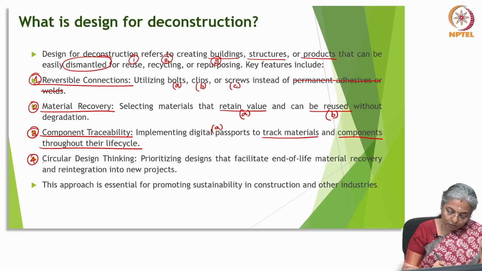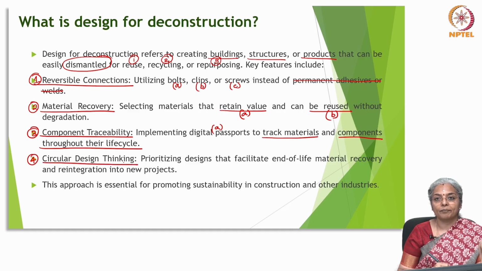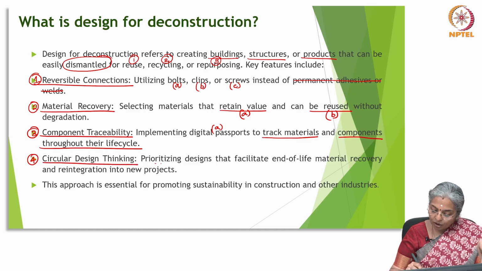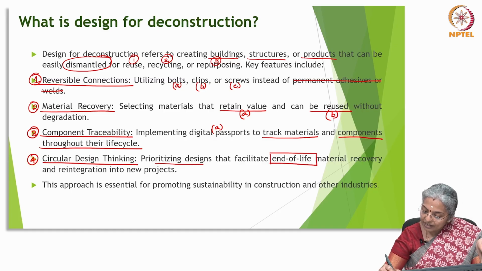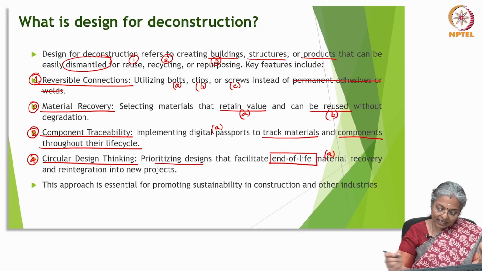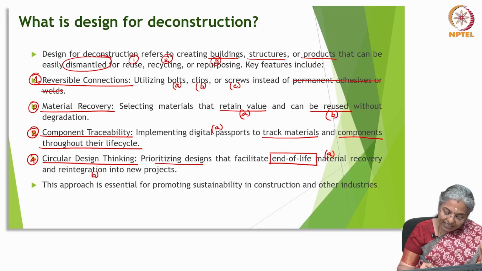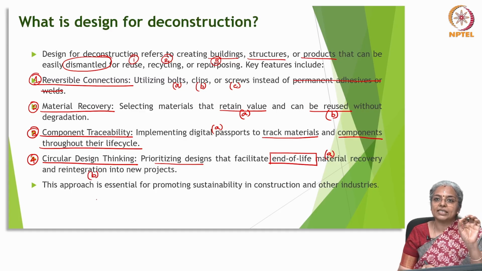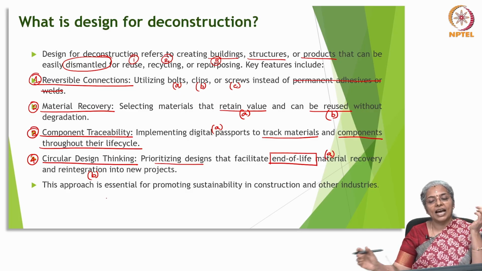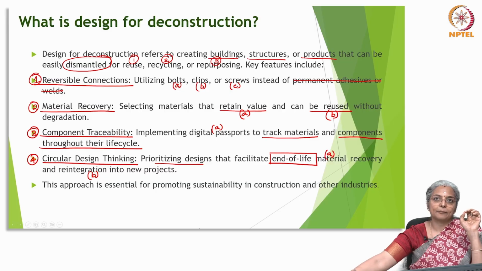Fourth is circular design thinking. Under this, start prioritizing designs that will facilitate end of life material recovery as well as integrating those again into new projects. This approach is very much necessary for promoting sustainability in construction as well as other industries.